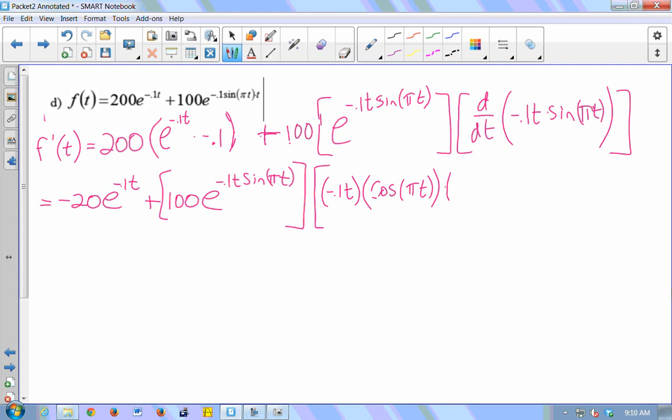Pi. Good. The derivative of pi t is pi. So this is first times the derivative of the second, plus the second, which would be the sine of pi t, times the derivative of the first. What is the derivative of negative 0.1t? Negative 0.1.